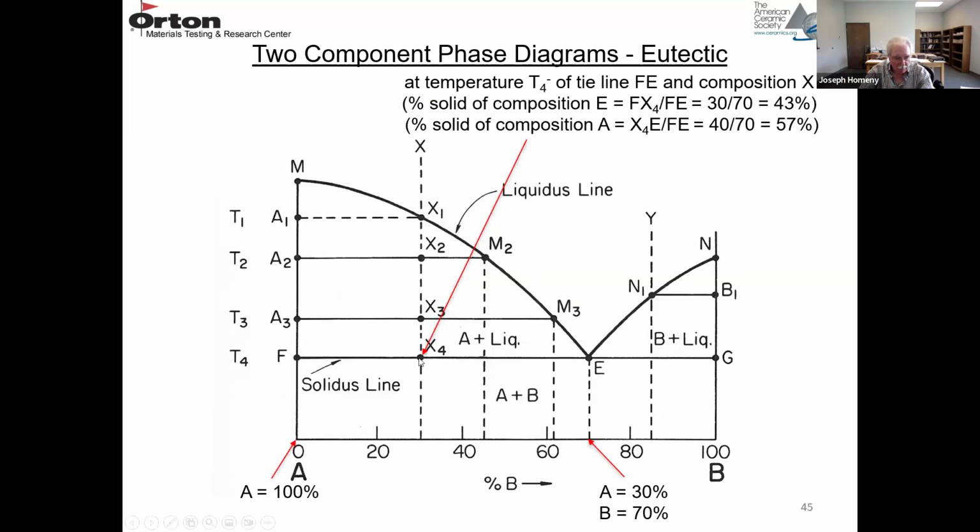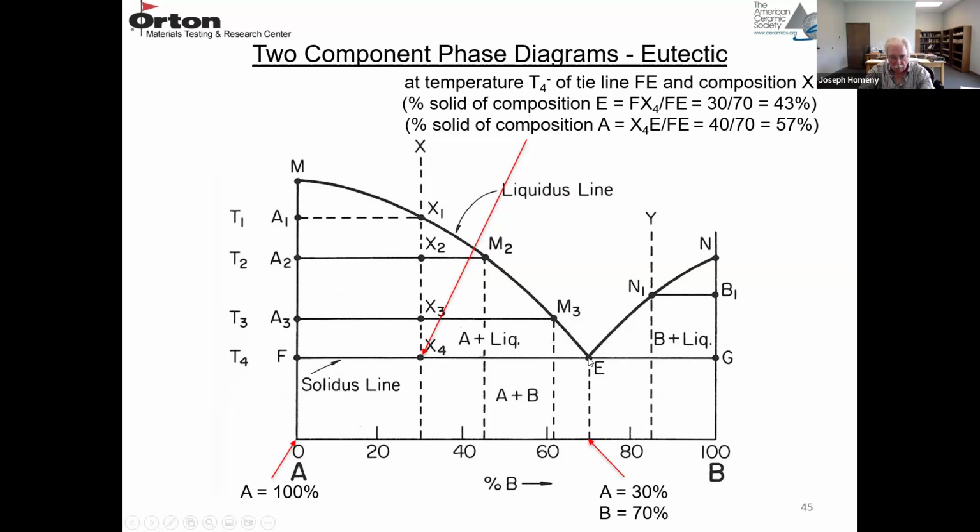So at a temperature just below T4 or at a point just below X4, the percent of composition E is FX4 over FE, which is 30 over 70 or 43%.